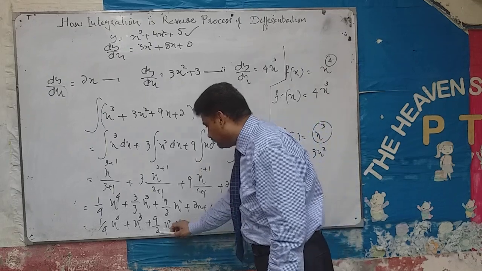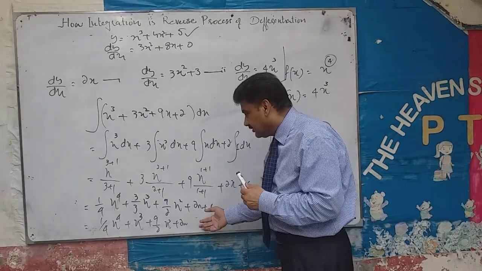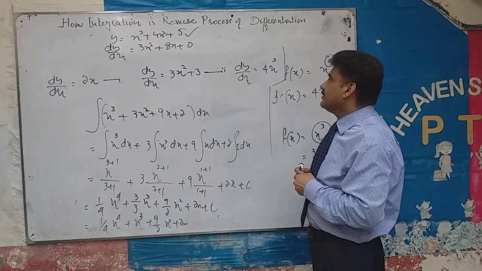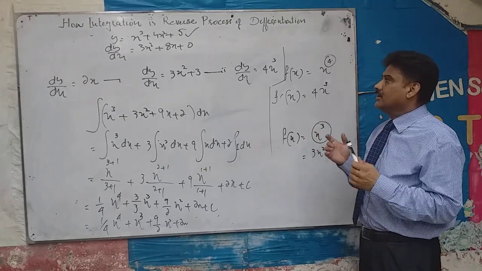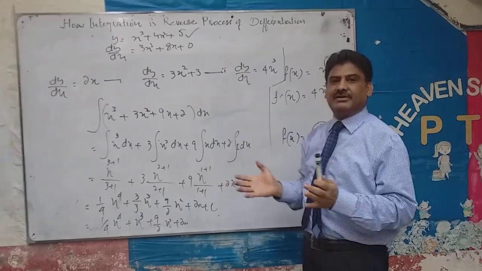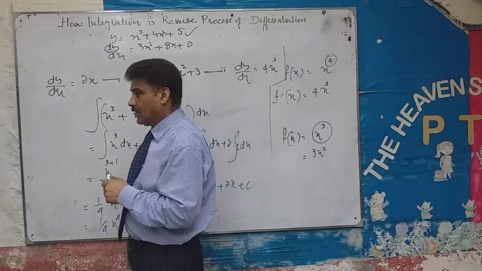This is the actual function. When we differentiate this function, its gradient function will be this. In this way, we can say that integration and differentiation are reverse processes to each other. Thank you.